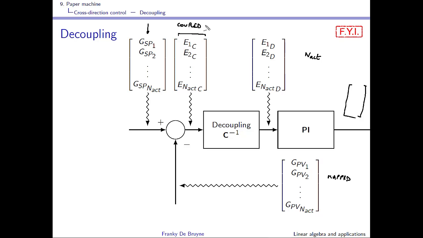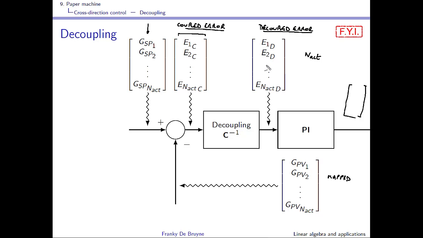And if you feed that directly to the controller, this will lead to problems because the PI controllers will start fighting one another. So what you have to do is construct what is called the decoupled error, and that you can then feed directly to your PI controller.